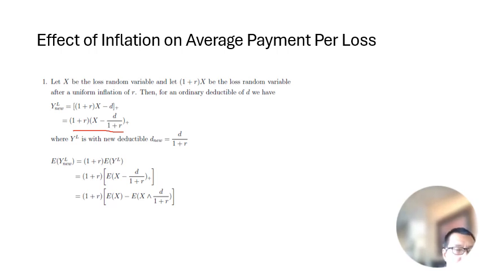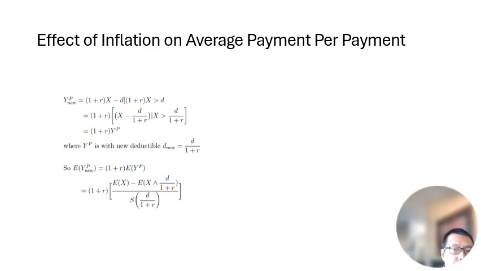The expected value of payment per loss is just 1 plus R times E[YL], which is equal to 1 plus R times E[X minus D over 1 plus R]. Then for this, we know it's this, just separate between the two. So this is not difficult. It's just basic algebra.